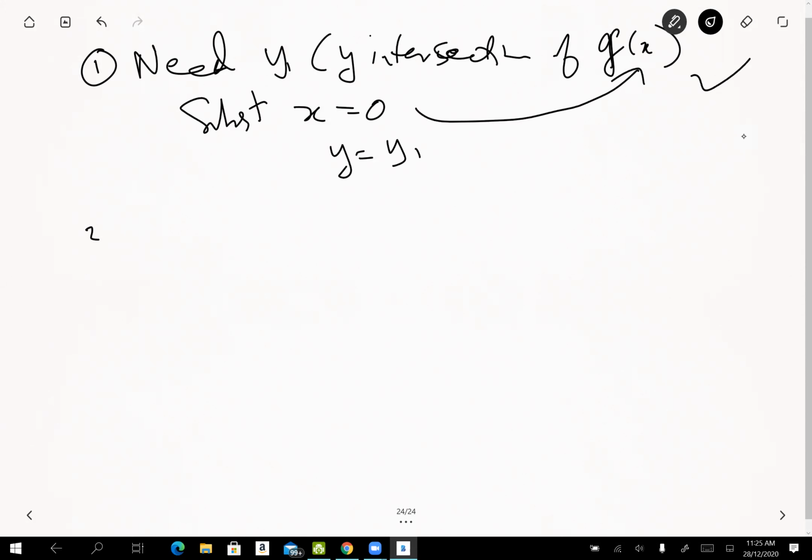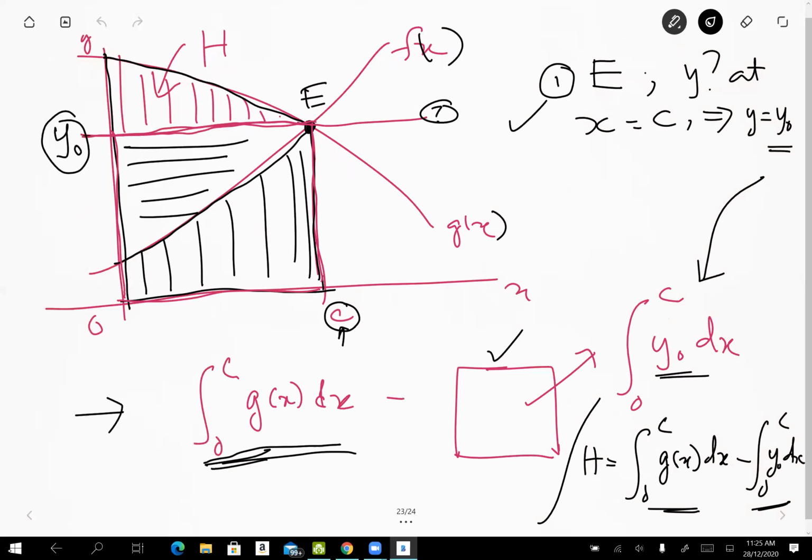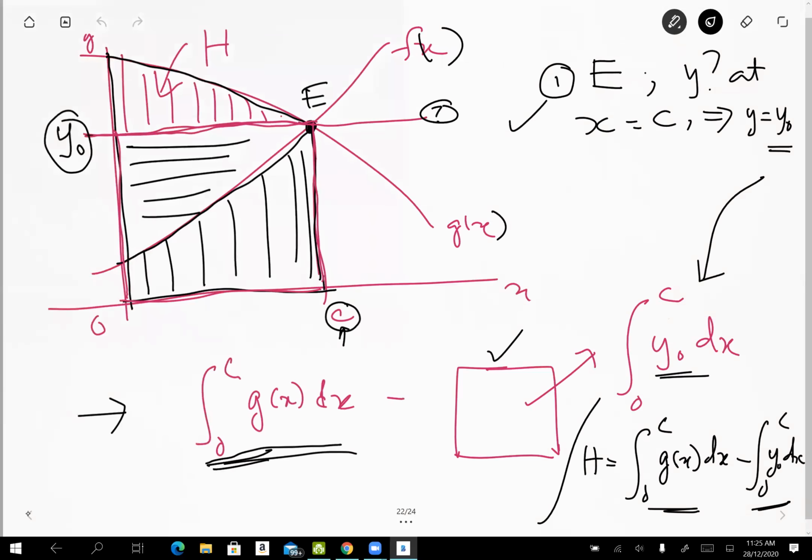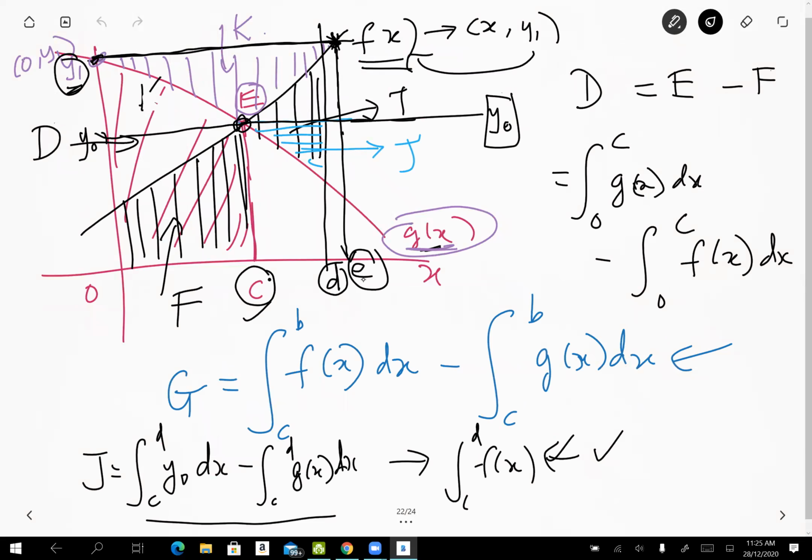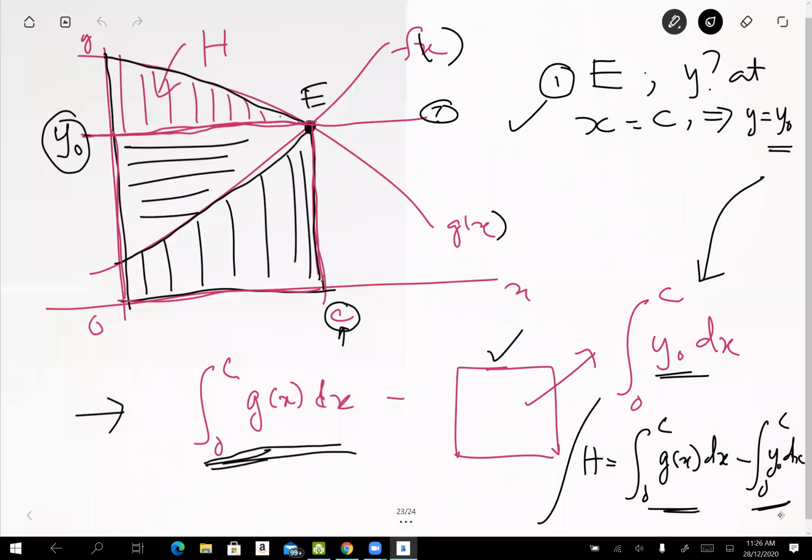Number two, you need the last point. What do I call that point? The last point, earlier point C, x equal to what? x equal to E. I need that point E. I need x equal to E. That means the last point.